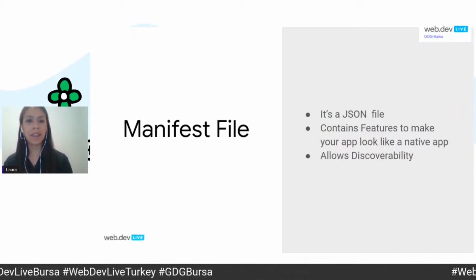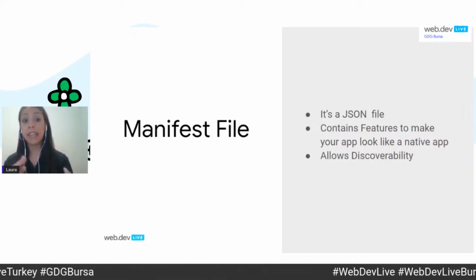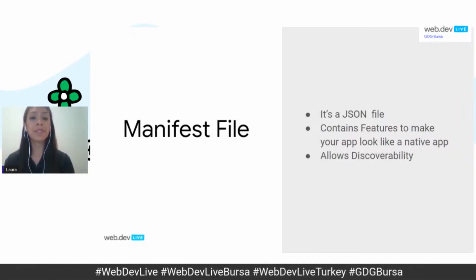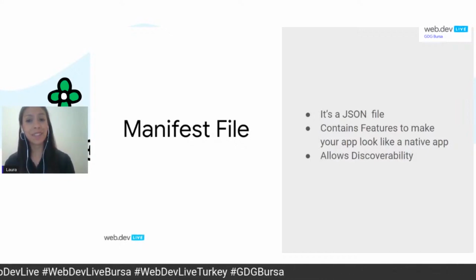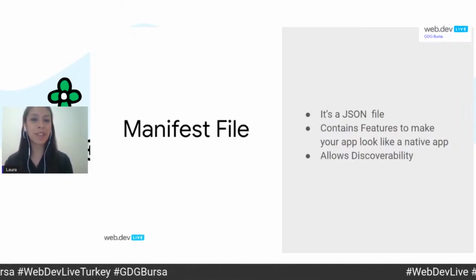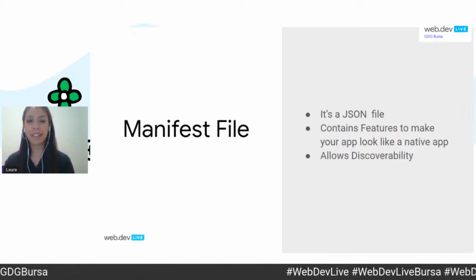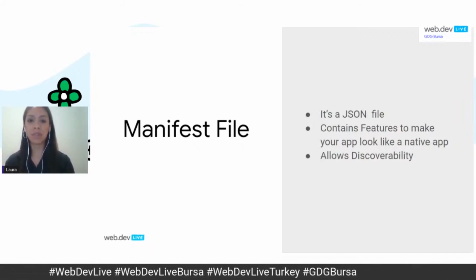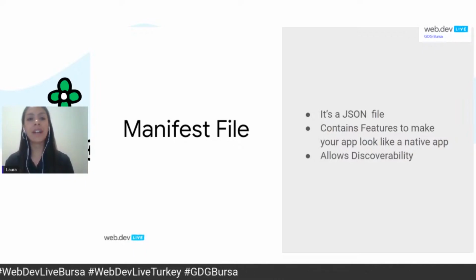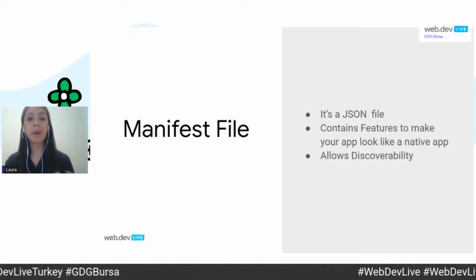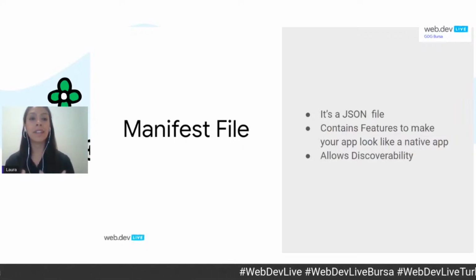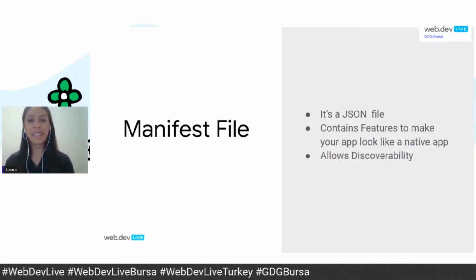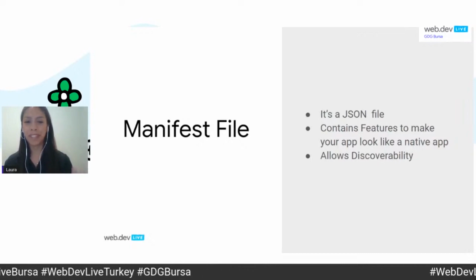I like to say that a PWA should have HTTPS, security, a service worker, which you will see soon with another speaker, and the manifest file. The manifest file is just a JSON file. It's not very complicated. And in this file, you will see some properties that will allow your app to have this kind of native app feeling.